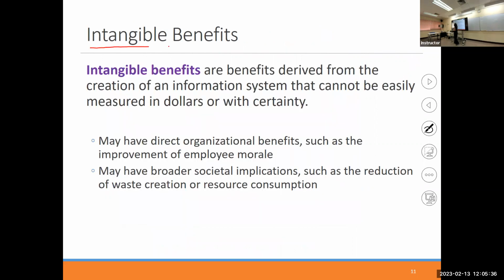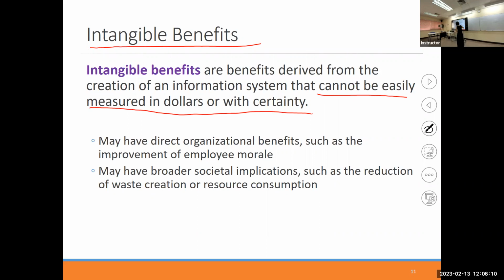Another type is called intangible benefits. So of course, in this category of benefits, it means that you cannot easily measure the value or the benefit in terms of dollars, in terms of money value, with some certainty. When we talk about reduced cost, you know that we reduce 10 people, the cost of hiring 10 people, then it's about this much of money.